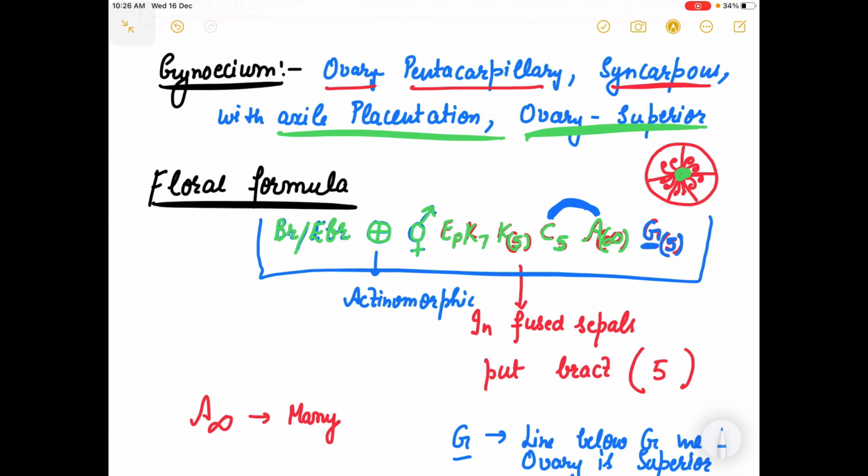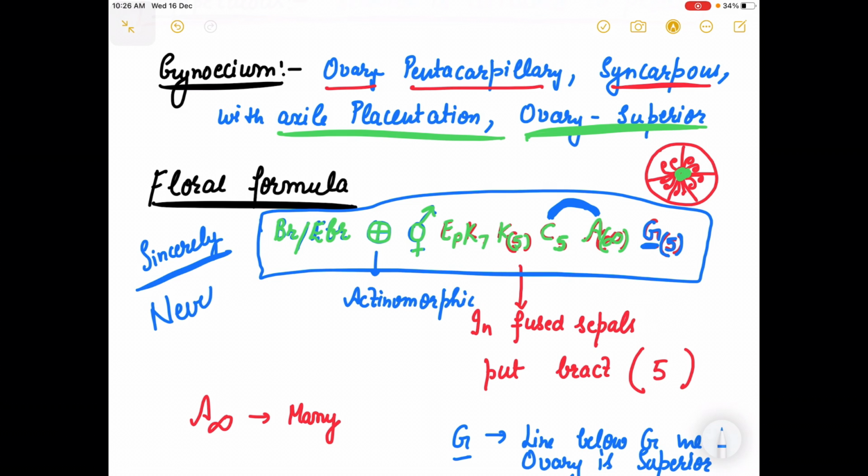Once you are clear with the terms, if you practice even 2 times sincerely, you will get success in writing this floral formula. If you leave it, mark my point, never ever will you be able to learn it. If you are thinking that first we will finish our 12th and then we will come back to these things, forget about that. That is not going to happen. These things have to be clear in your mind right now.